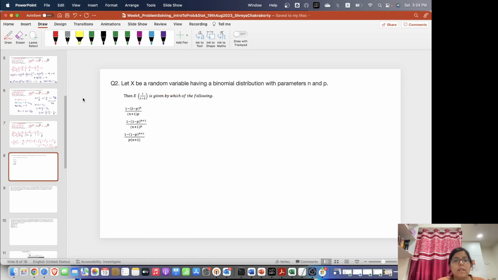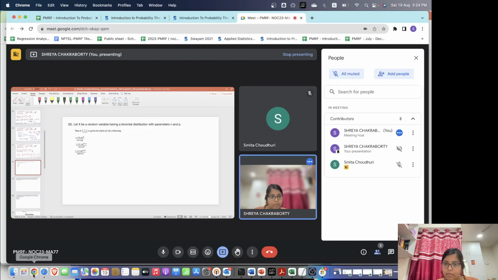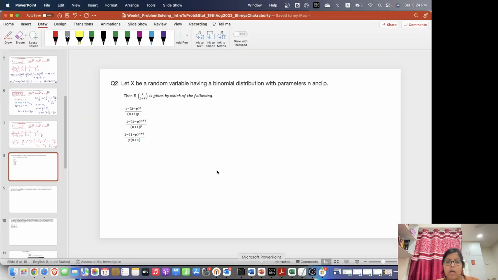So this one, we have been given that X is a random variable having a binomial distribution with parameters n and p. Then the expectation of 1/(1+X) is given by which of the following? So do you remember the PMF of a binomial distribution?